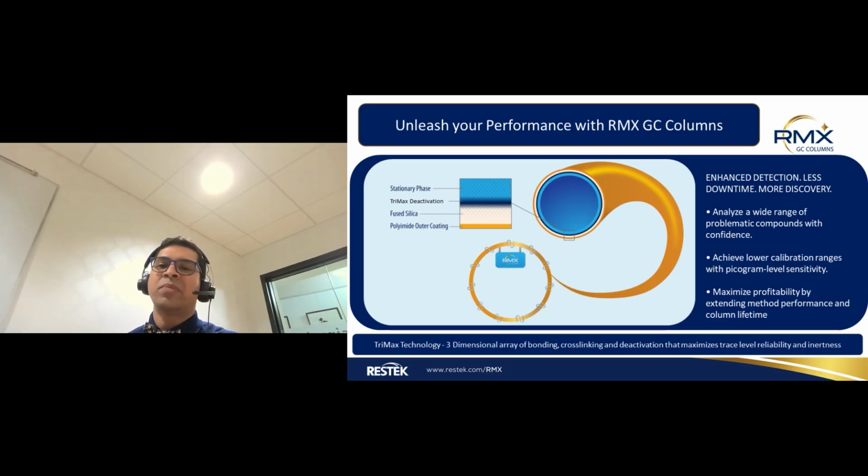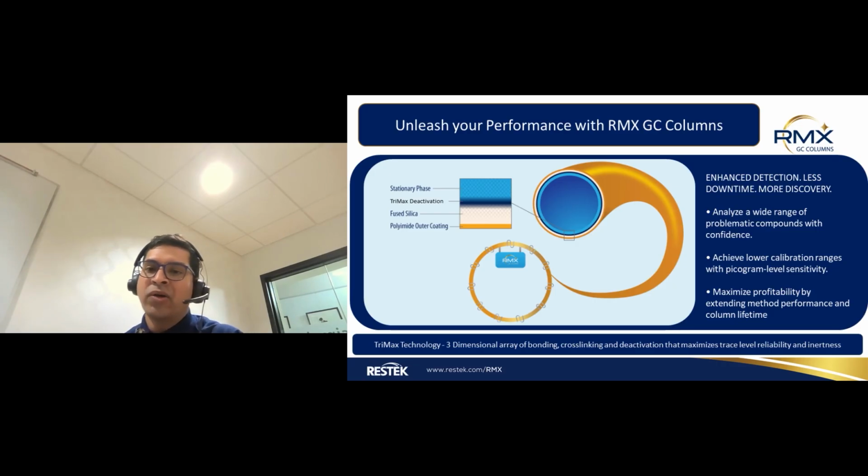Let's look at what are the benefits you would get from this design. You get enhanced detection, and at a high level, it lowers your downtime because there is resilience built into the column, and this helps you do more research, more discovery out of your GC column. Now, if we break that down further, because of the Trimax technology, we're able to analyze a wide range of analytes.